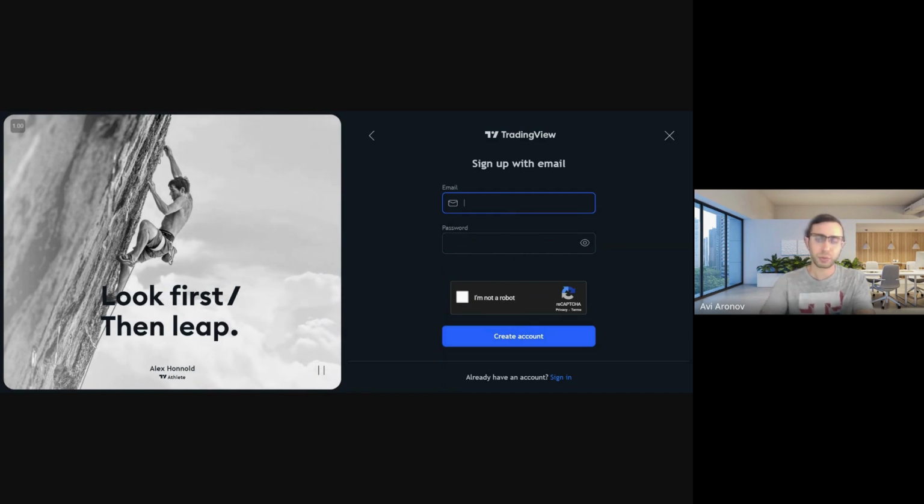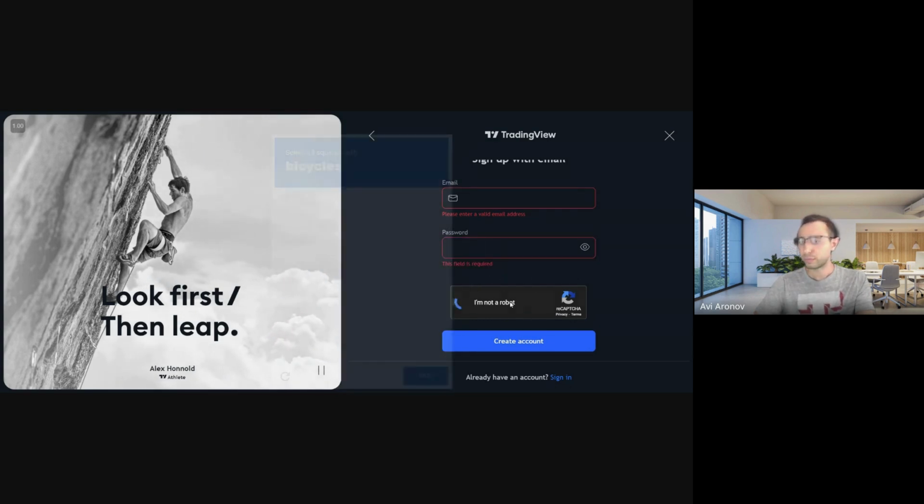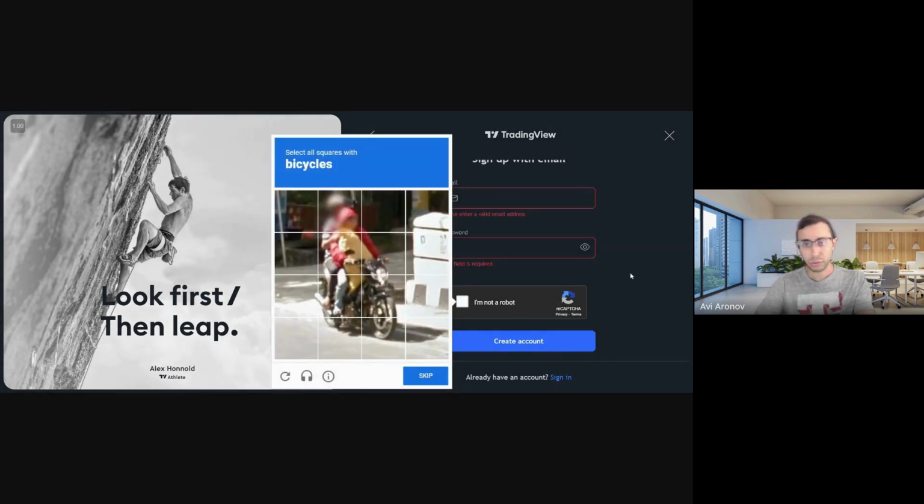And then you put whatever your email address is, you put whatever the password is. You make sure that it's not a robot, maybe whenever the time comes that robots see those videos as well, so they want to verify that we are humans. And then we create an account. That's it. You will go to the next page, which is for payment. You put your payment details, and that's it.